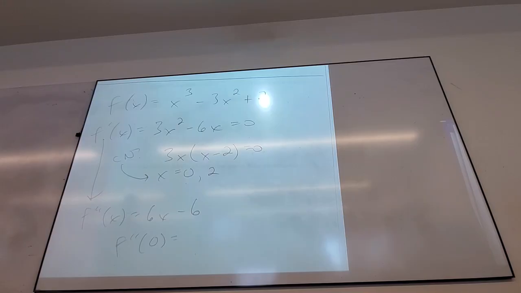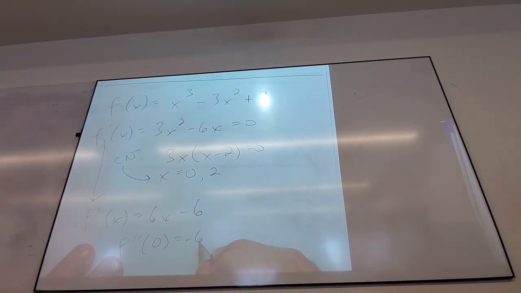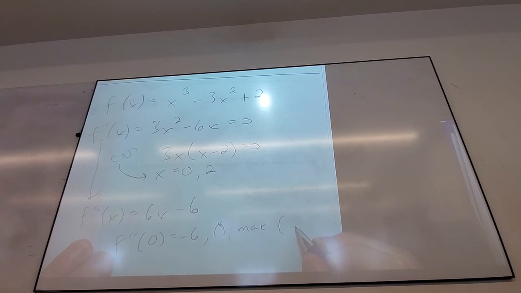So if you plug a 0 in, what do you get? Negative 6. And what does that mean? It's going to be concave down, and that means I'm going to have a max. Max where? At 0.